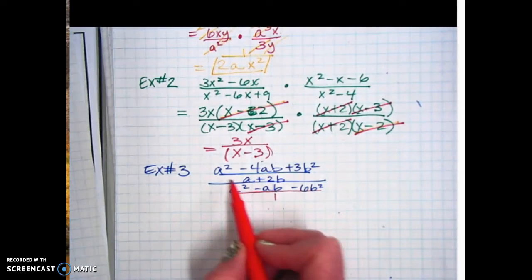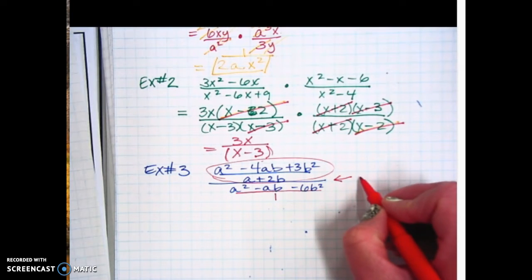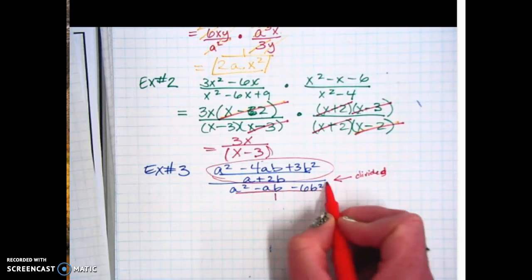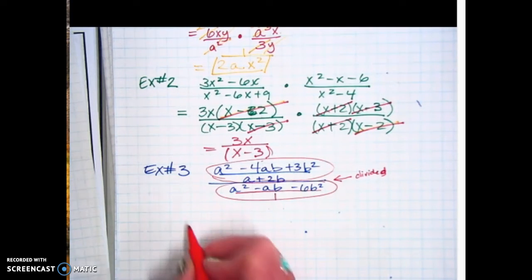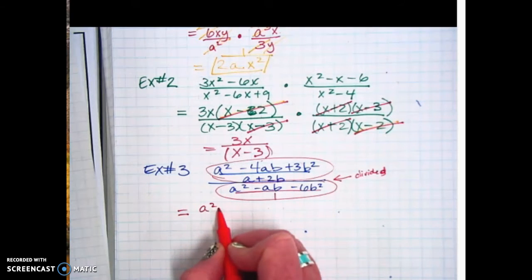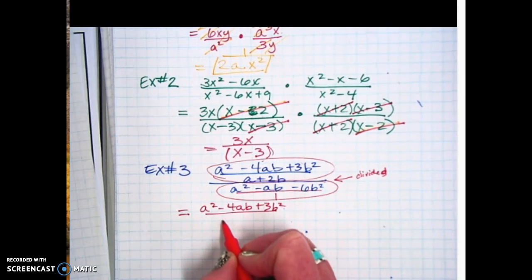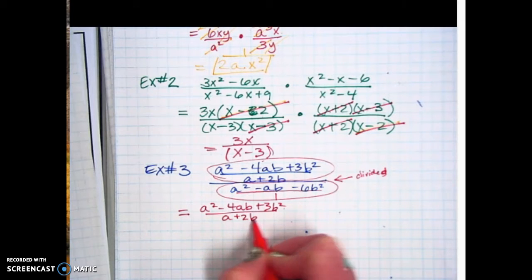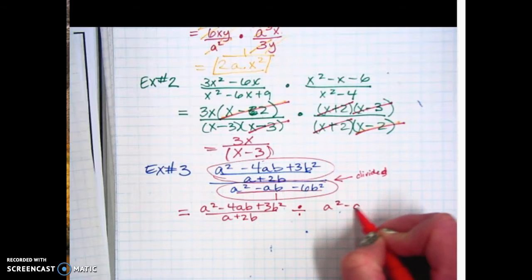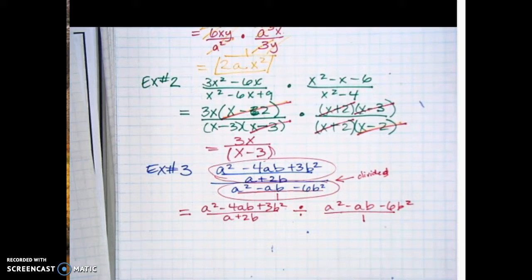So this is actually the first expression being divided by the second expression. Okay? So if you were to write this out, you would say this one, the a squared minus 4ab plus 3b squared over a plus 2b being divided by this one, a squared minus ab minus 6b squared over 1.